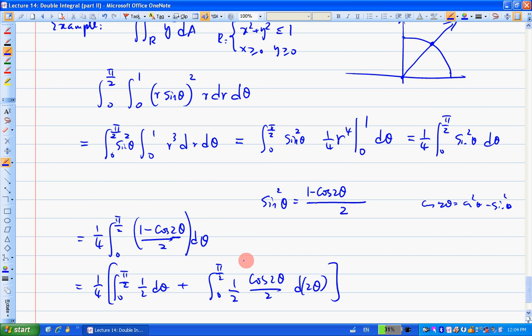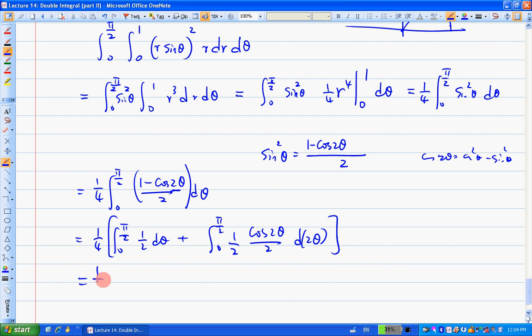So then the second integral here, the first integral is 1/4 and 1/2 multiplied by pi over 2, minus this is 1/4, okay, cosine 2 theta d 2 theta, which gives us what? Sine 2 theta, and it goes from 0 to pi over 2.